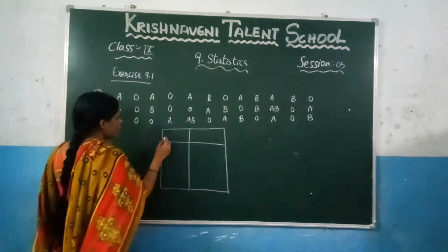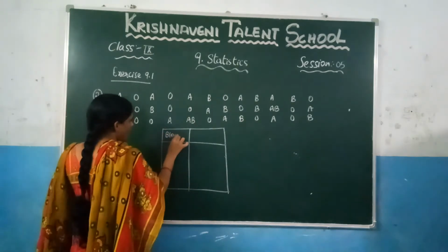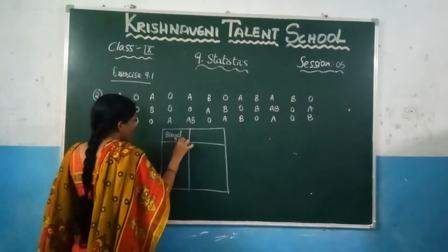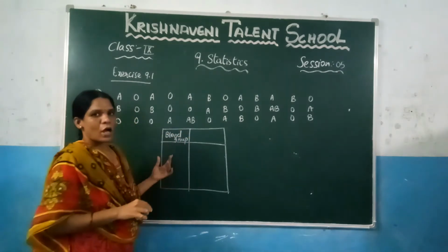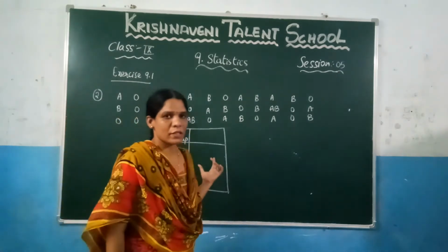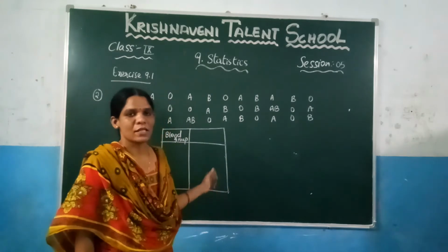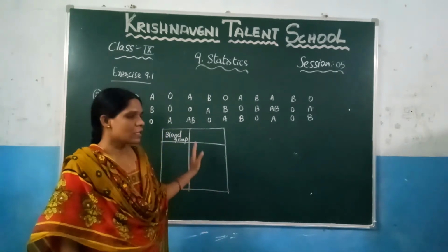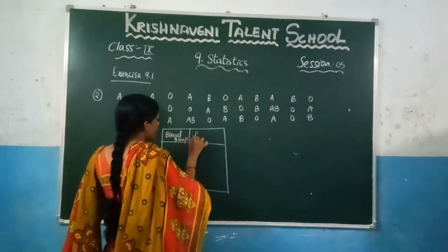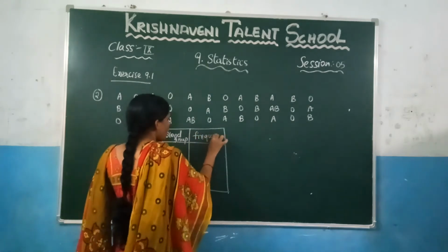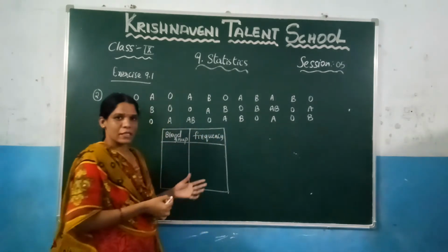So the first column will be the blood group. And how many students are there who is having that blood group, you need to write in the second column. That one will become the frequency. So write it as the frequency, or you can write it as the number of students. Anything you can write.